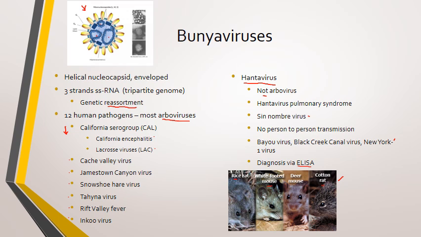The cotton rat is this one here, that darker looking one, is found in Florida. And then here's the white-footed mouse. You've probably seen this. This is found in New York. They're slightly different because, of course, they've evolved with their carriers.